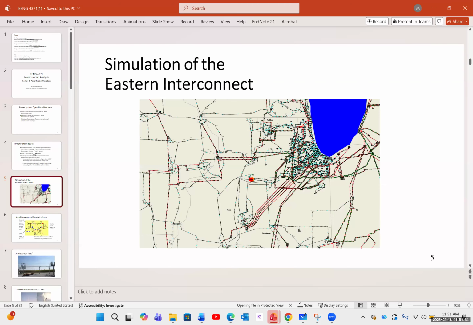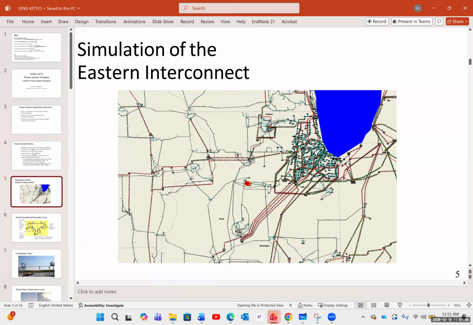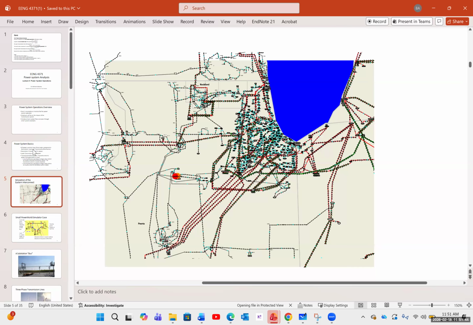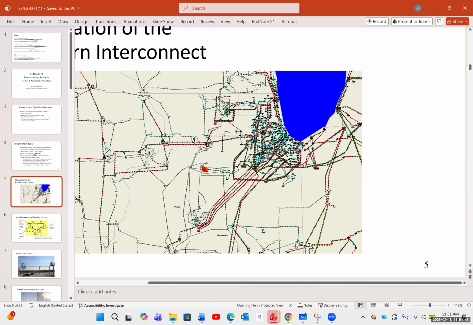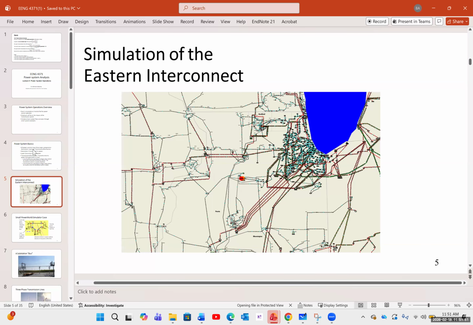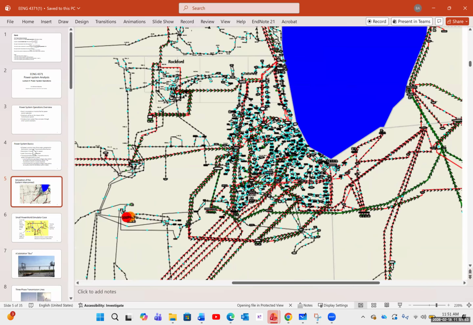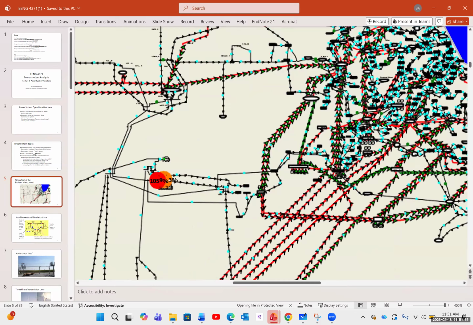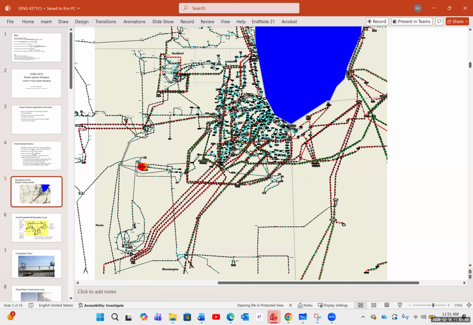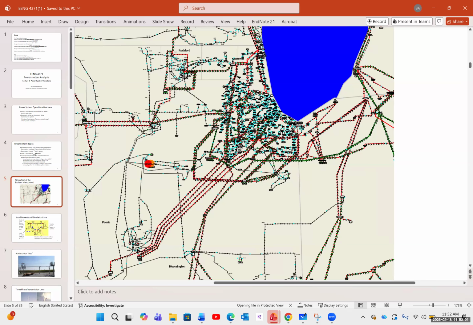This is a simulation of the Eastern Interconnection, and you can see the transmission lines and the distribution lines color-coded in different colors. The red and blue mean different levels of voltages. I can't find the color code here, but red, for example, means it's a 300 kilovolt transmission.